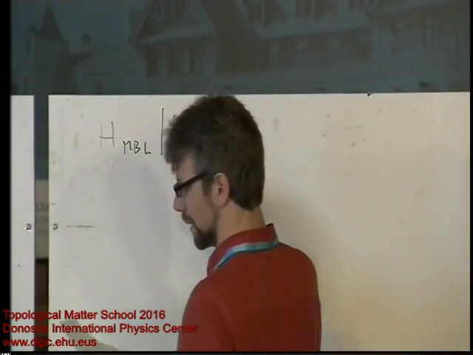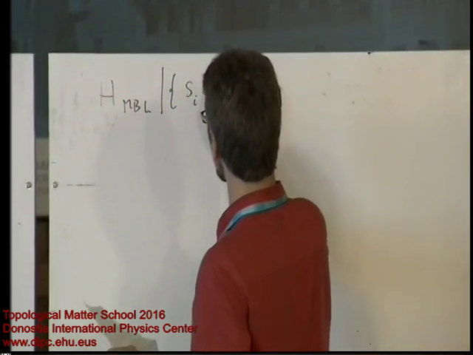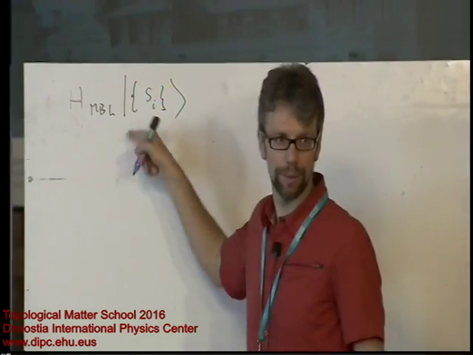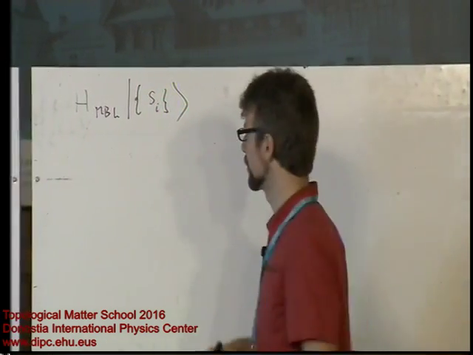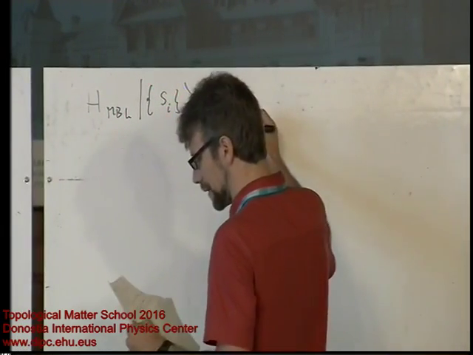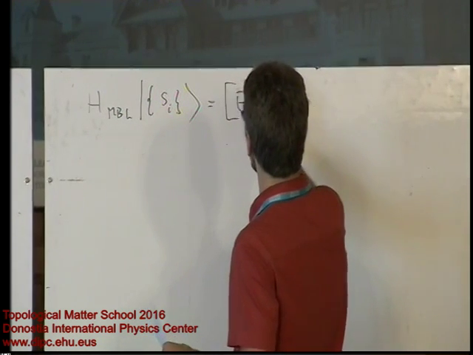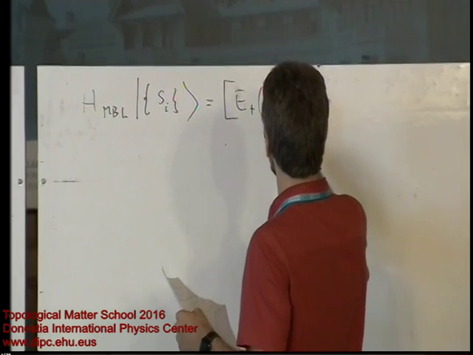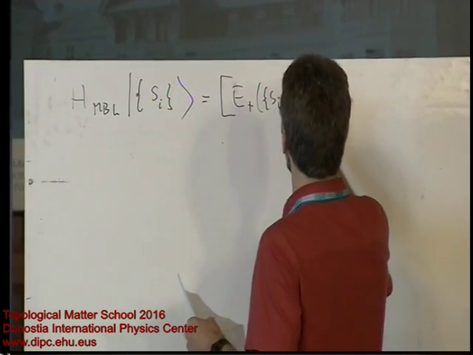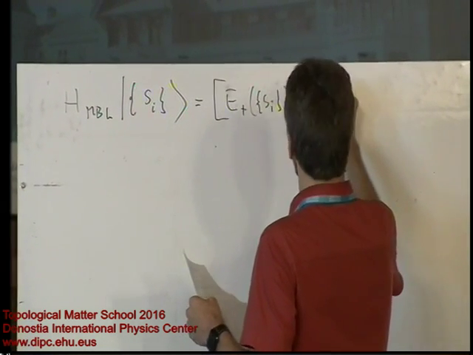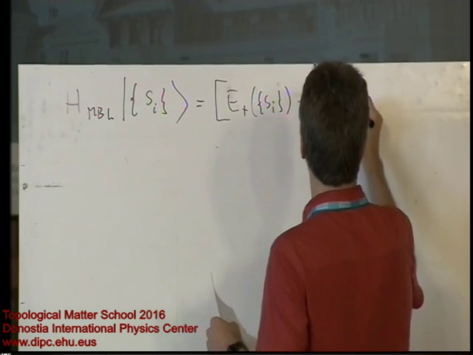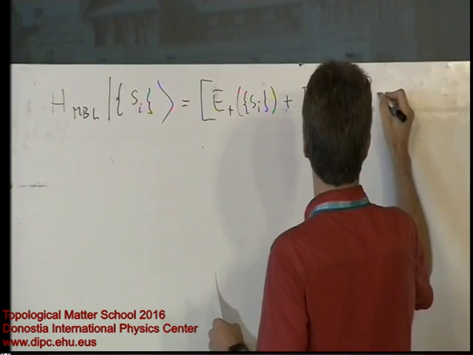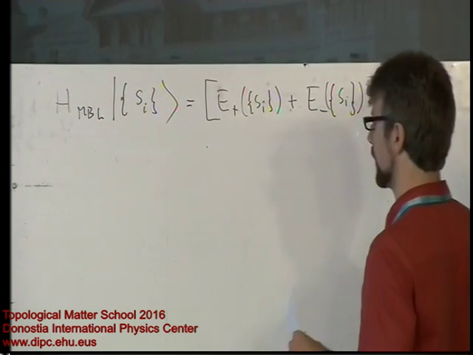So when I look at a specific configuration of sigma z spins, I'll call the eigenvalue Si, which can take eigenvalue plus or minus 1 on every site. Then the energy of such an eigenstate is the sum of these two terms. And you can already guess why I call these terms E plus and E minus.